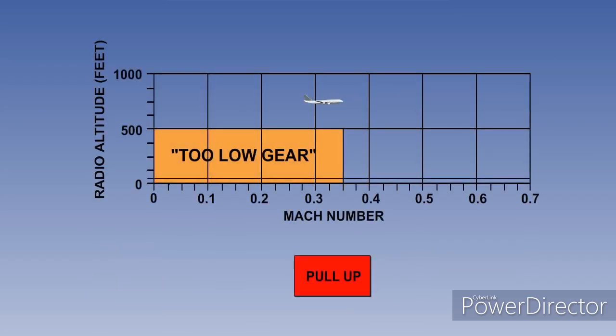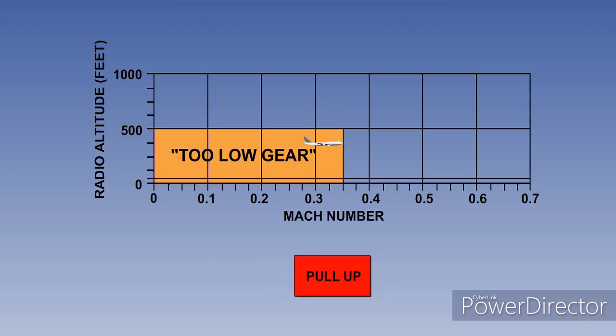Mode 4A is protection against unsafe terrain clearance when the undercarriage is not down. The system is armed after takeoff and after passing through 700 feet radio altitude. When the aeroplane subsequently descends below 500 feet radio altitude and at a speed of below 220 knots, or Mach 0.35, then the oral alert "too low gear" is heard and repeated every second and a half with the visual indication "pull up."